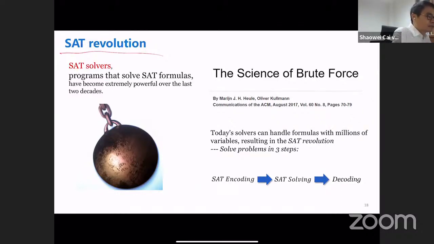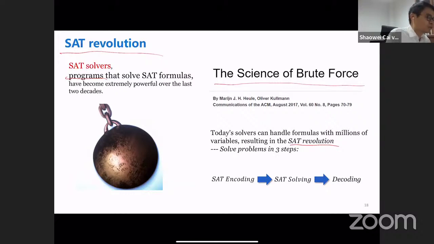This definition is taken from an article by Manai and Oliver. SAT solvers emphasize programs with practical performance, and today's solvers can handle formulas with millions of variables, resulting in the SAT revolution. And if you are using SAT, you have a tool in your hand.